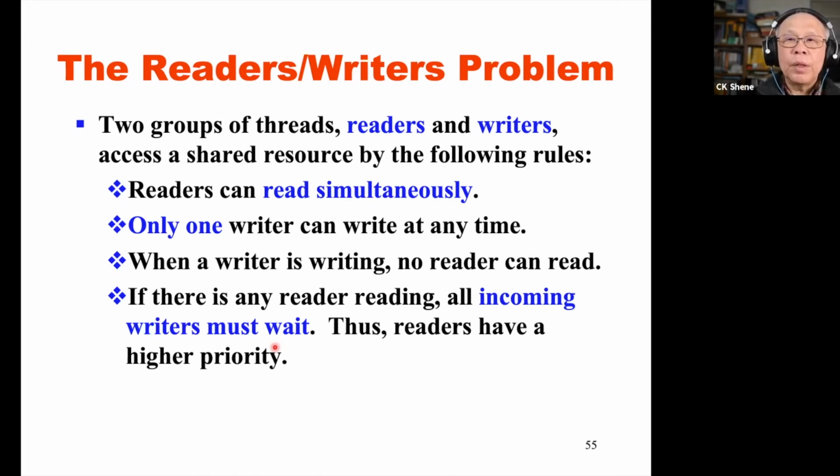Therefore, if there is any reader reading, no writer should write. So as long as there is a reader reading, all incoming writers must be blocked. This is referred to as the reader priority version. Reader priority version means as long as there is a reader reading, no writer can write.